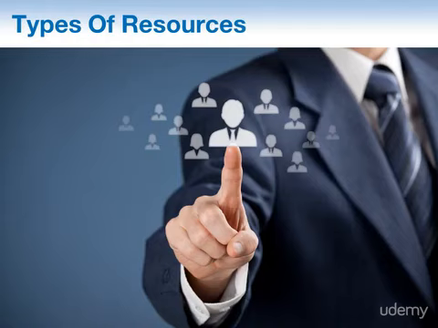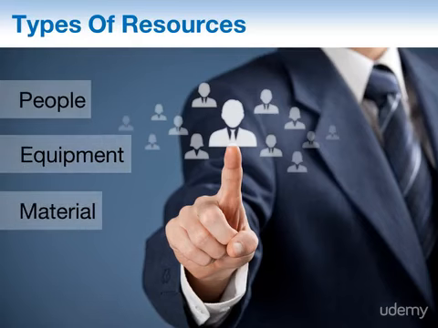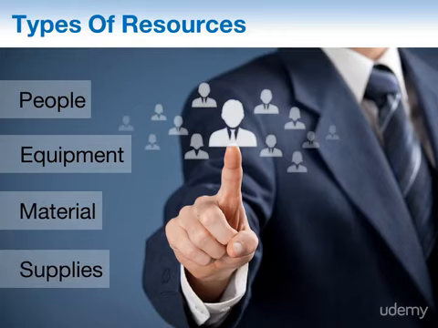So the estimate activity resources process helps us identify and quantify the resources required for each activity. For any given activity on your project, we may require some or all of these types of resources here: people, equipment, material, goods, or supplies. So even though we will focus mainly on the topic of estimating what type of human resources are needed to perform our activities, we should never forget that our activities need some or all of these types.